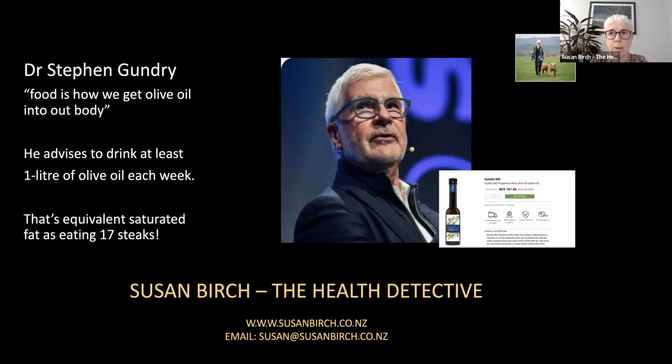And of course, along with the risk of Alzheimer's disease is a risk of heart disease. So it's like, what's going to be the worst of the two evils? I really looked into what kinds of fats I should be eating. And that really highlighted to me that with all this advice to consume olive oil, I'm basically pouring saturated fat down my throat, exactly the same as if I was eating 17 steaks.